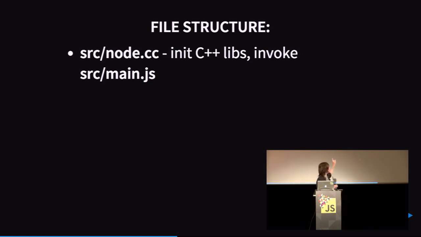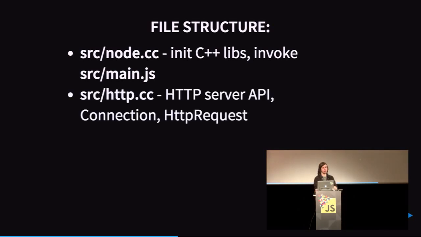So it is now executing src/main.js, and this file loads user code. This file compiles it and executes it and calls everything that happens in user code. Another file in C++ is src/http.cc.